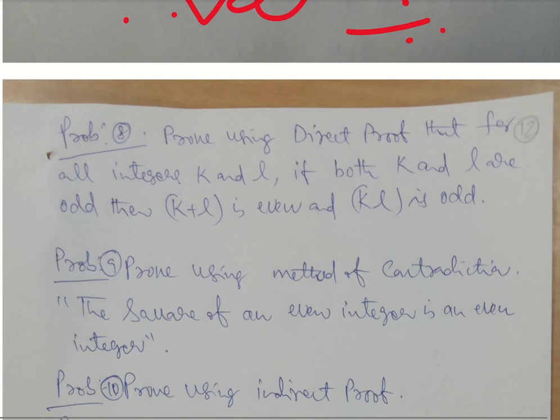When I say something is contradicting, your assumption is not correct. So what is the assumption? Q is false. So when you have taken Q is false and it is contradicting, what is the inference? Q is true. Thereby we say that P implies Q is true. So that's how we have to identify the proof by contradiction.